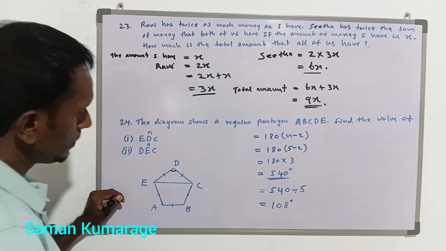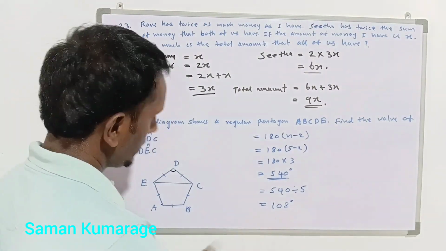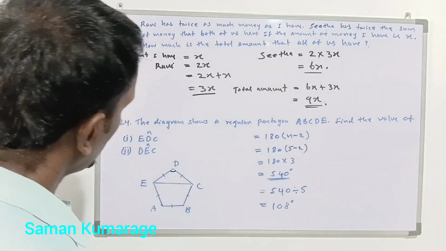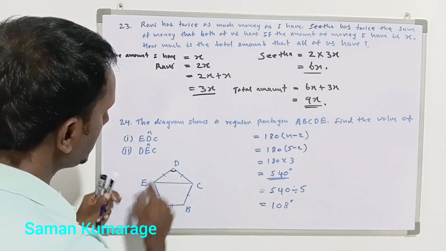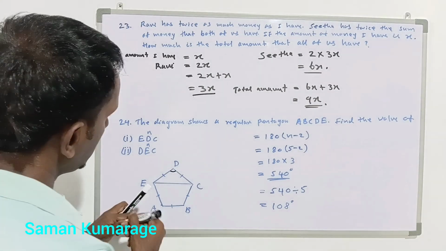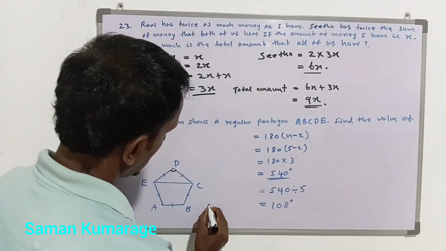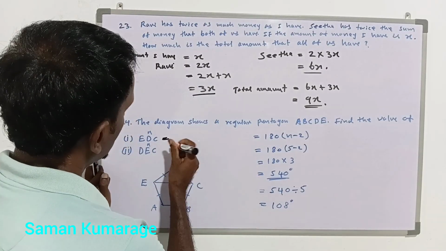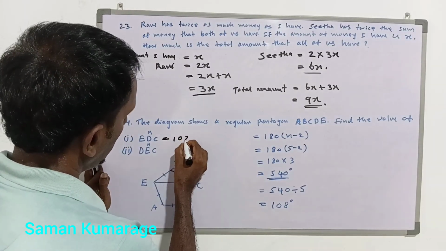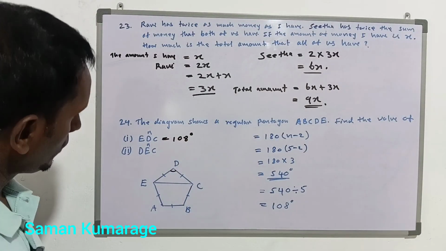Therefore the magnitude of one angle is equal to 108 degrees, which is also the magnitude of EDC. Therefore, I write EDC is equal to 108 degrees.